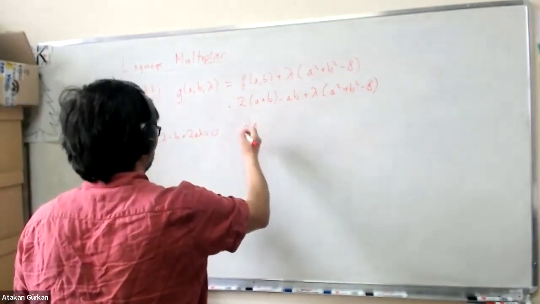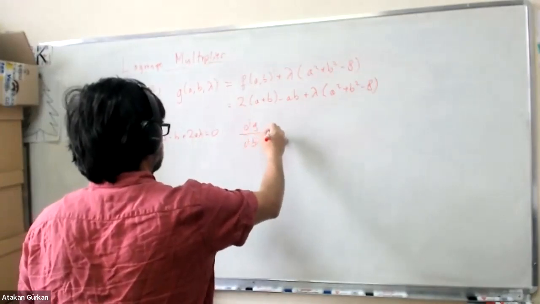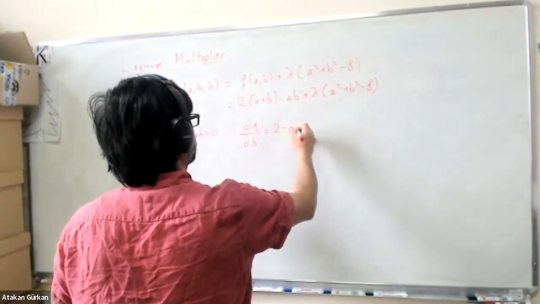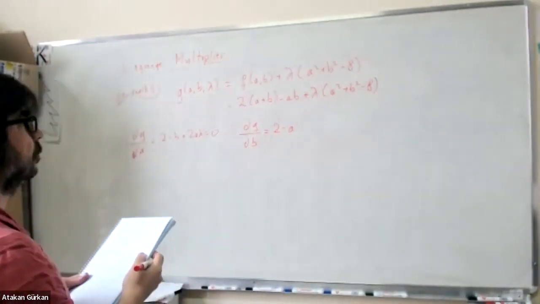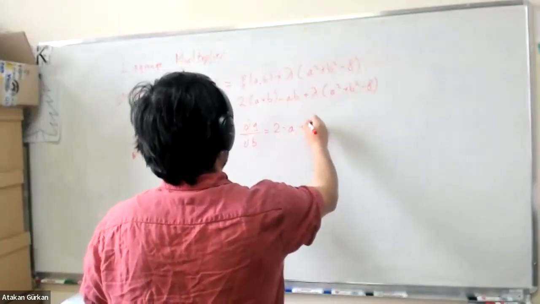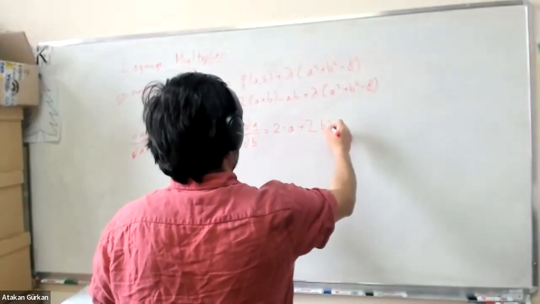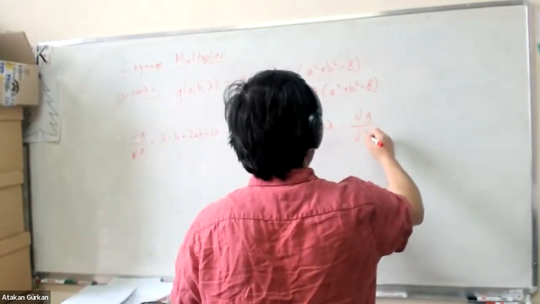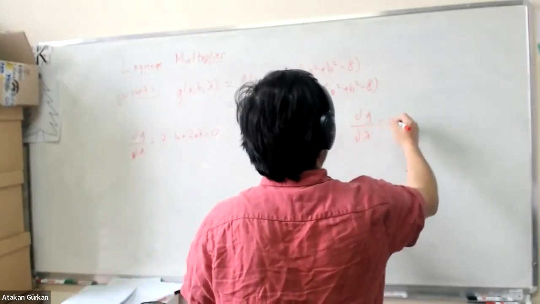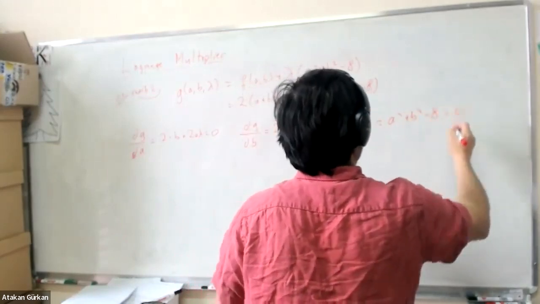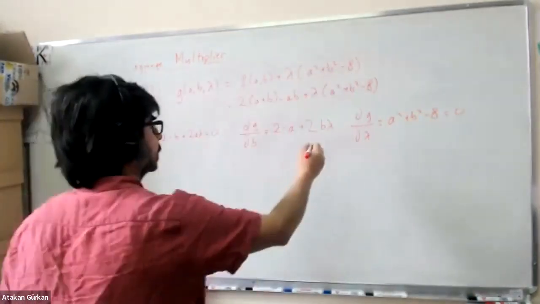The partial derivative of g with respect to b is going to be 2 minus a plus 2b lambda. And the variation of g with respect to lambda is going to be a squared plus b squared minus 8 equals 0. All of these are equal to 0.